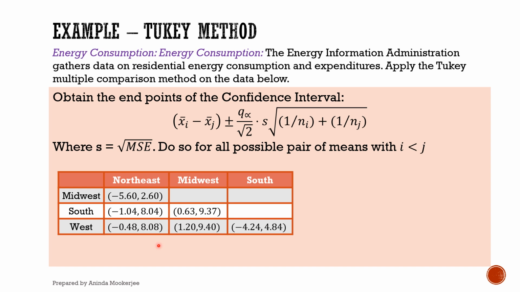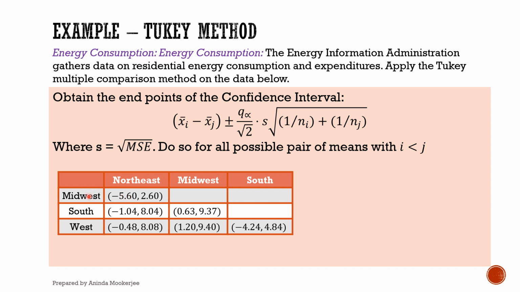Now here we have all the calculated values of the confidence intervals, and we put them together in a table. It's a matrix, and the placement of the confidence interval shows which two regions we have taken the difference of.